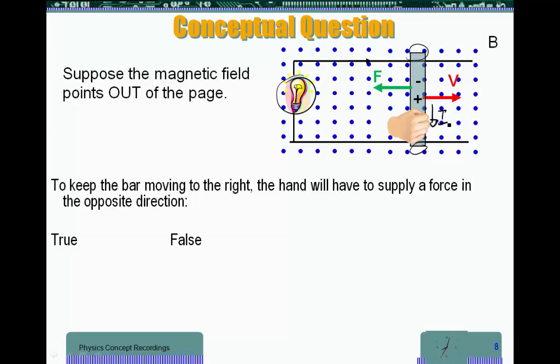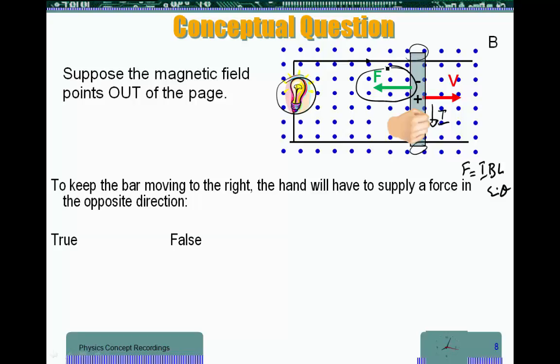Using the right-hand rule for the magnetic force given by IBL sin theta, thumb is towards the bottom of the page, fingers perpendicular to the page towards you, then my magnetic force, this green arrow here, is pointing this way.